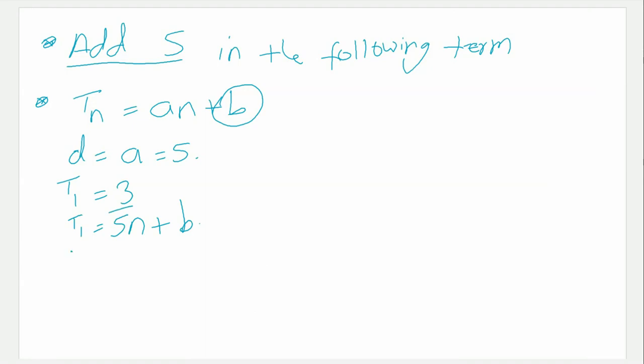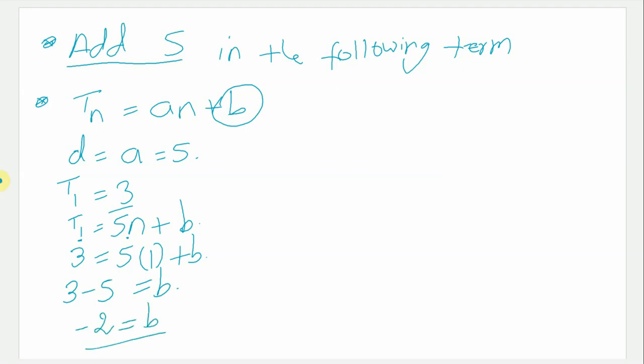So in this equation, I'm going to have 3 is equal to 5, then the value of N is 1, because as you can see, 1, so 5 times 1 plus B. So I'm going to have to solve for B. 3 minus 5, because 5 multiplied by 1 is 5, is equal to B. So 3 minus 5 is negative 2, which is B.